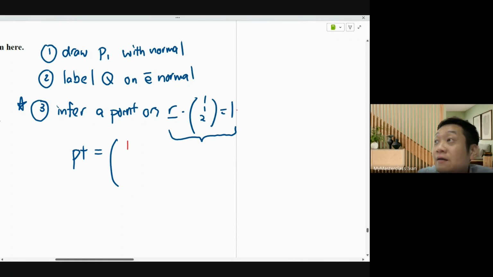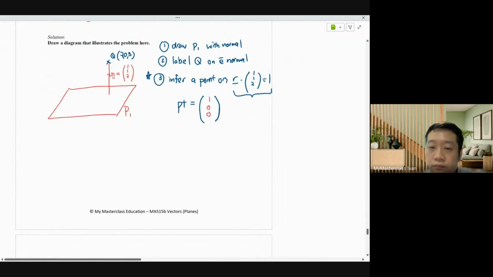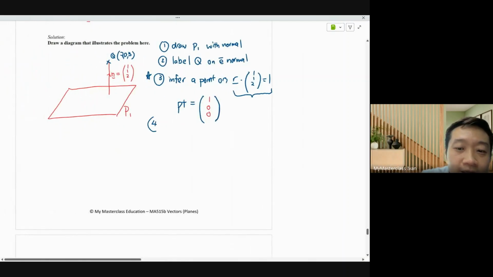Then y and z can be 0 and 0. Step four: label the (1, 0, 0) on P1. Basically (1, 0, 0) is going to be here.